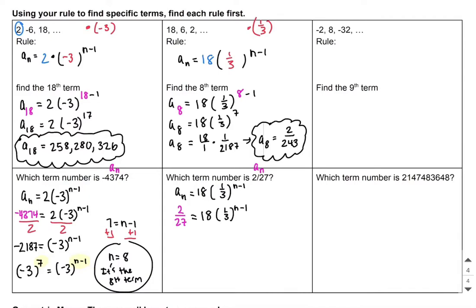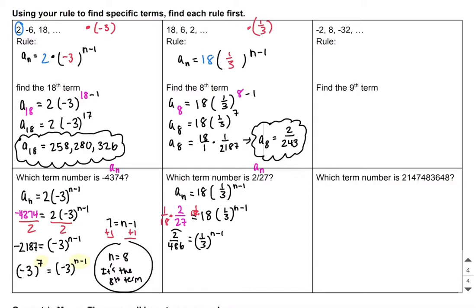So first thing I'm going to do is divide by 18 on both sides, or multiply by 1 over 18, because I have a fraction on the other side. So it's the same as dividing by 18. I'm going to get on the left-hand side 2 over 486, and that's equal to 1/3 raised to the n minus 1 power.